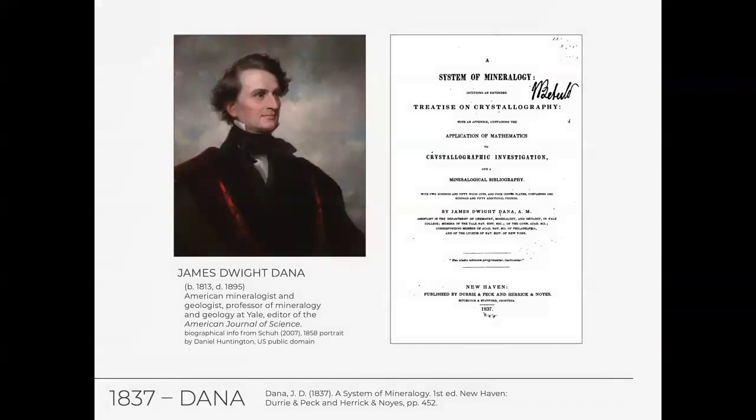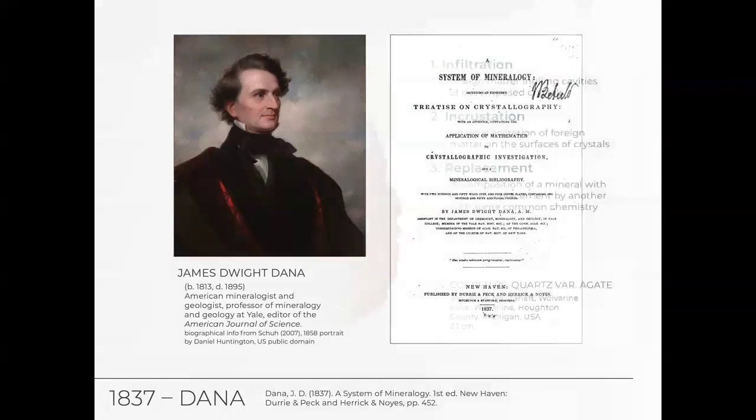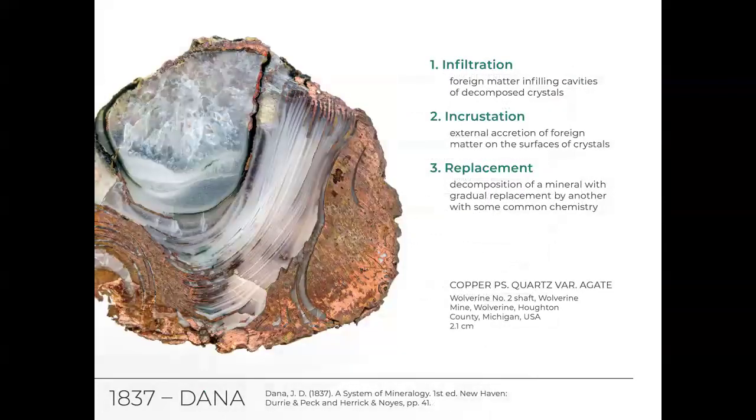Now, in 1837, our American hero, James Dwight Dana, joins the conversation with his first edition of A System of Mineralogy. Dana classifies by three mechanisms of formation: infilling, incrustation, and replacement. Of replacements, he comments that the process by which they are formed is often very obscure, then offers reasoning for a process in which one mineral is slowly eaten away by a solution while another is deposited gradually in its place.